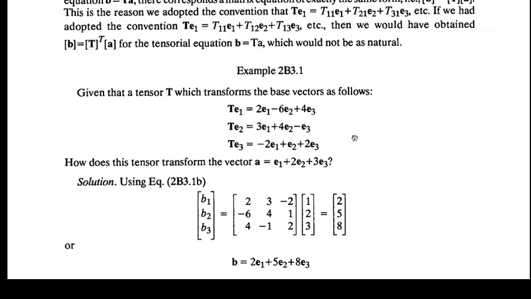Which is the vector which is being transformed? This is the vector which is being transformed, and we have to calculate Ta. What would be Ta?